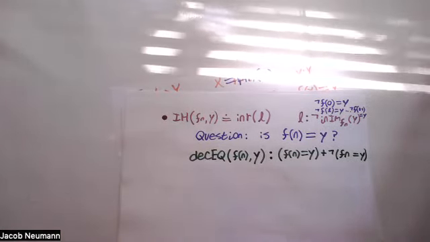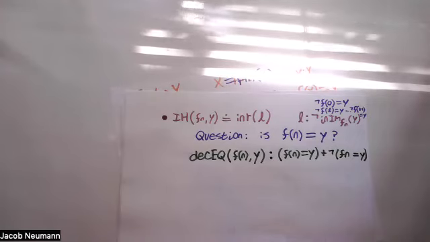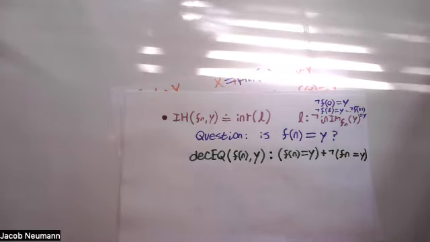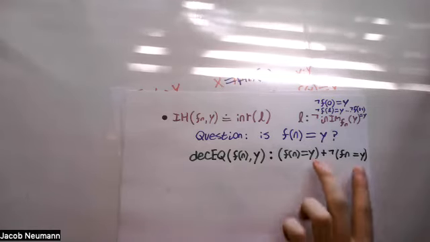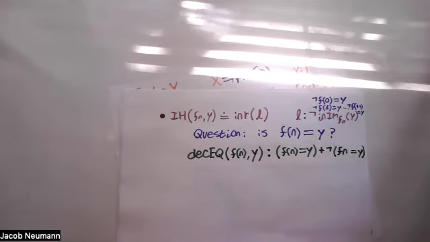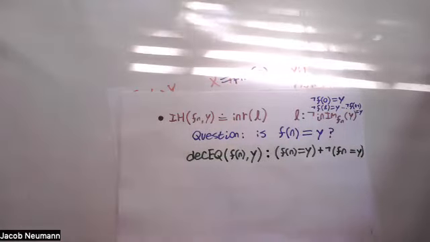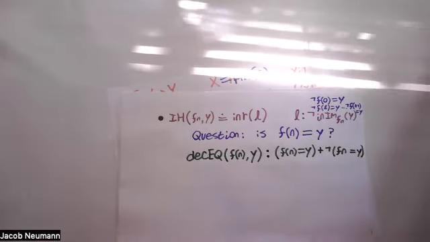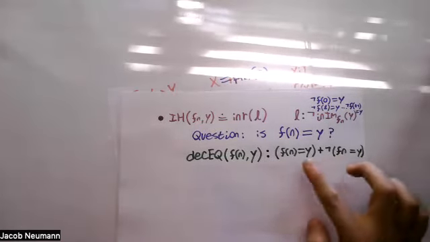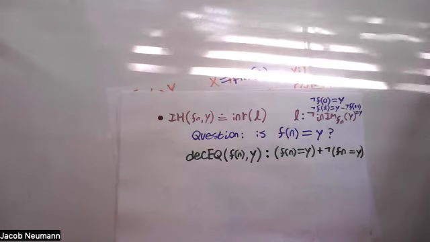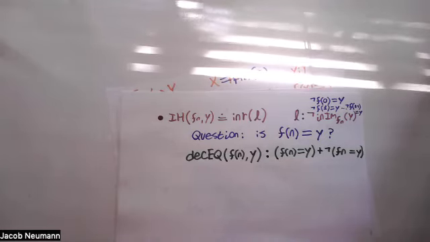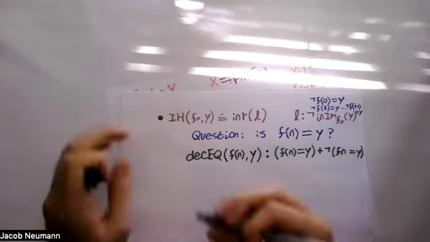So there's where I'm using the decidable equality of y. And now what I'm going to do is break into two cases on this. So within my case here, is f of n equal to y? Let's break into these two cases.